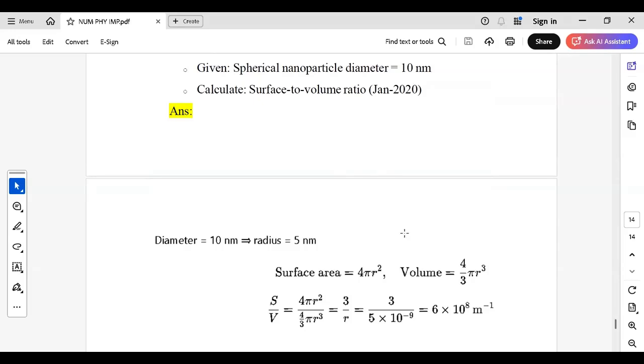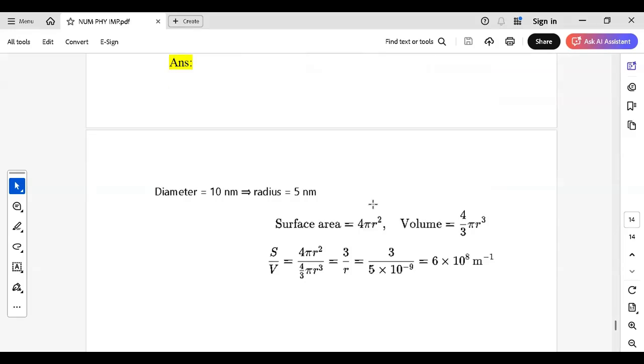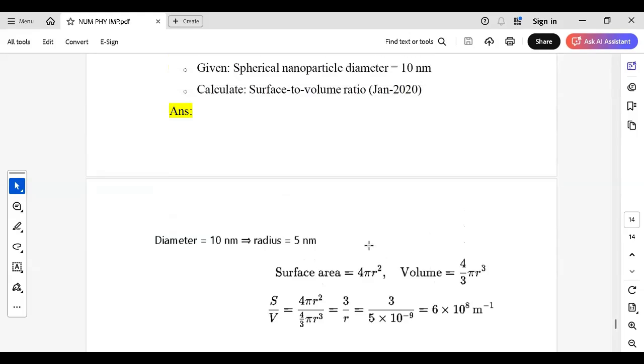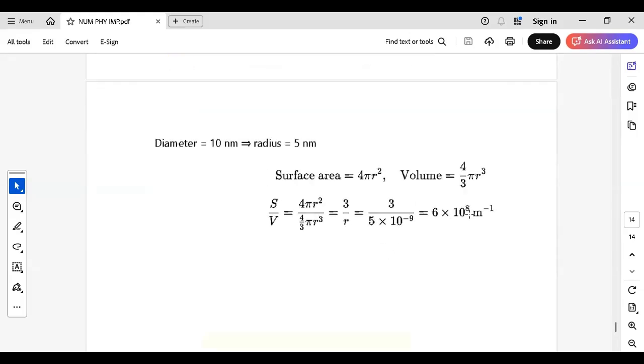So the surface to volume ratio is 4 pi r square divided by 4 by 3 pi r cube, which comes to 3 by r. The 3 goes up, and r square and r cube get cancelled, leaving r in the bottom. So 3 by r. What is the r value? It is given as 5 nanometers. Substitute it, you will get 6 into 10 to the power 8 meter inverse, because r is in the bottom.